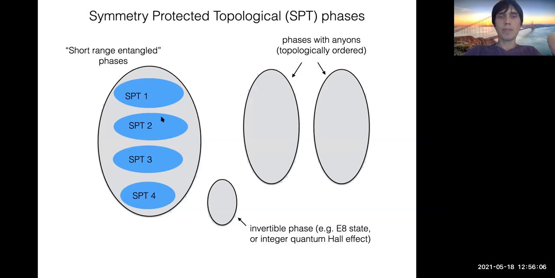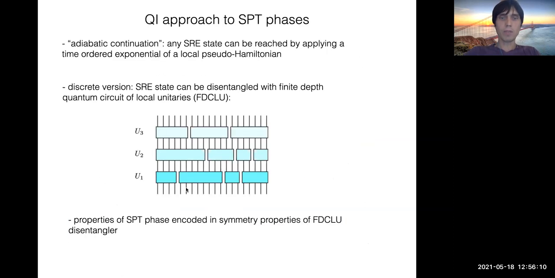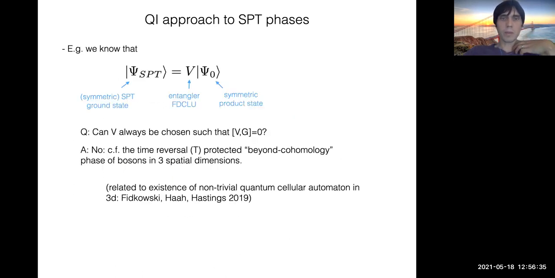If all these unitary gates commute with the symmetry, then by applying all these gates we're really staying in the same phase, and we would not have reached a non-trivial SPT. So the non-trivial SPT properties are encoded in the fact that this finite depth quantum circuit, even though it creates a symmetric state from a symmetric state, cannot have all its gates be symmetric.